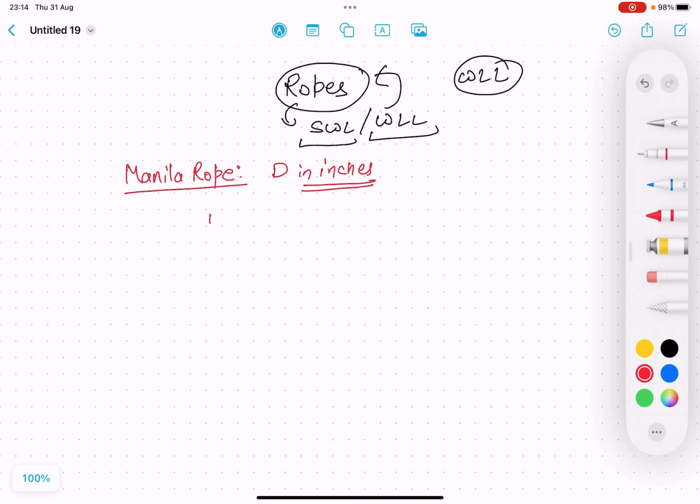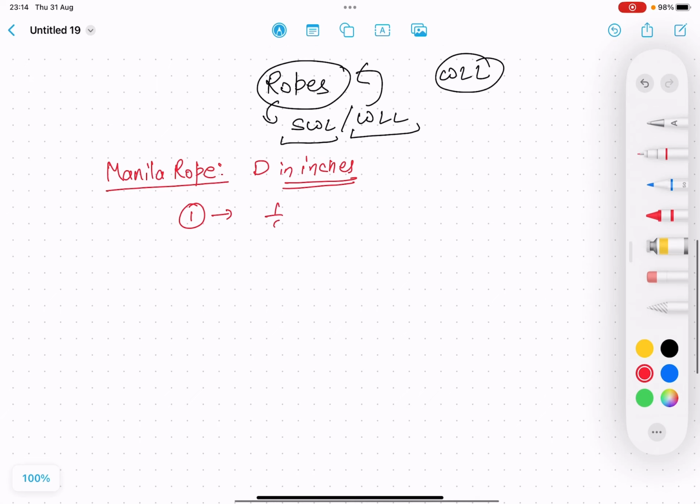Second step, convert this diameter in inches into eighths of an inch. After this conversion, there is some numerator and some denominator. Then the WLL is given by the numerator squared into 20.